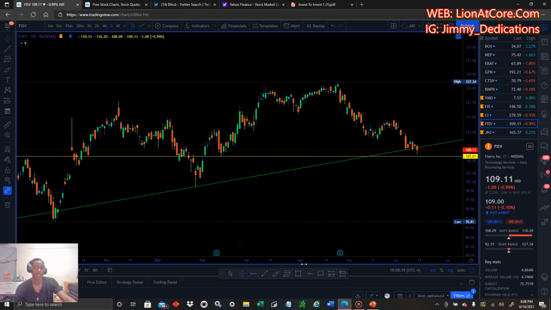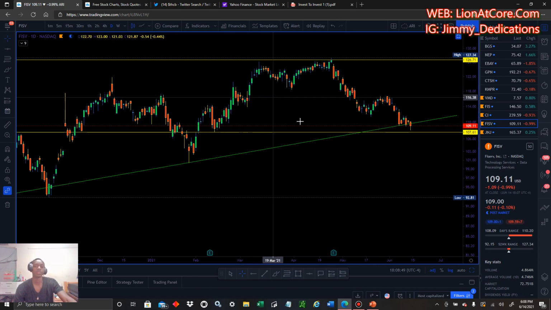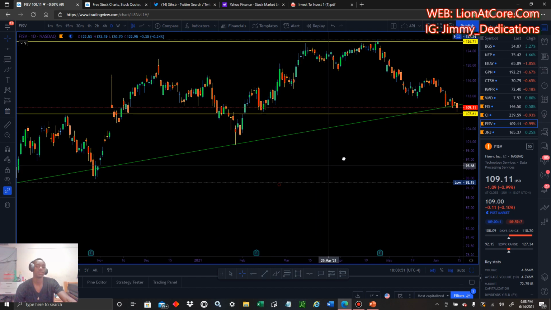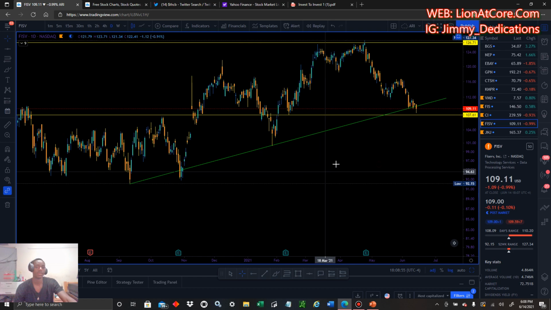It's also a straight line resistance right here. Price couldn't break right there. Came back down. It went up above it a little bit, came right back down. It bounced right here. It's right here again. It's been bouncing off this green line. So what you're doing as a trader is just reading charts and patterns and what it did.